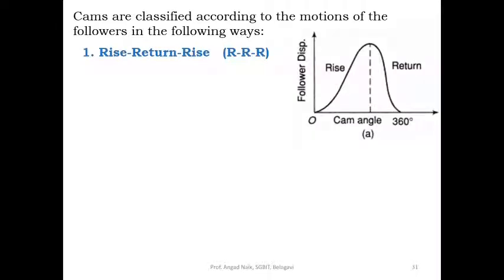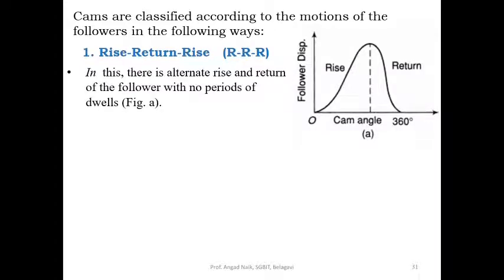Cam angle from 0 to 360 is plotted on the x-axis. On the y-axis there is follower displacement, so the displacement of the follower is in this direction, and rotation of the cam from 0 to 360 degrees on this axis. So there is rise, return, and then again the same pattern is followed further. So that is rise, return, rise.